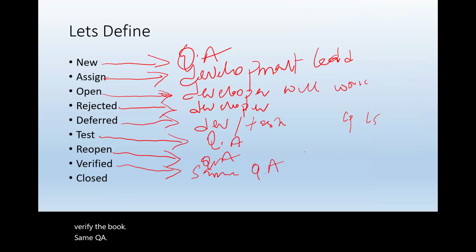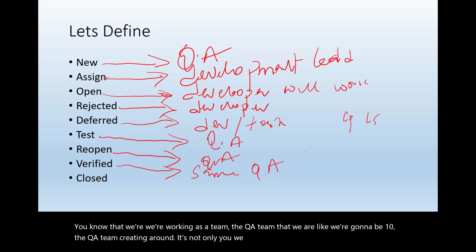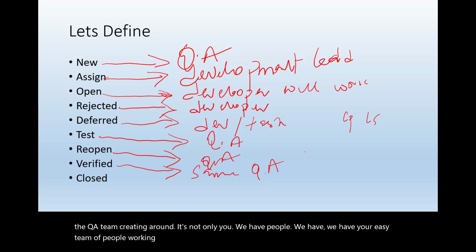So there are only 2 people on a team? Once a bug is found, only the QA and the developer working on this bug? No, we're working as a team. The QA team could be 10 people, not only you. It's a team of people working in an industry.